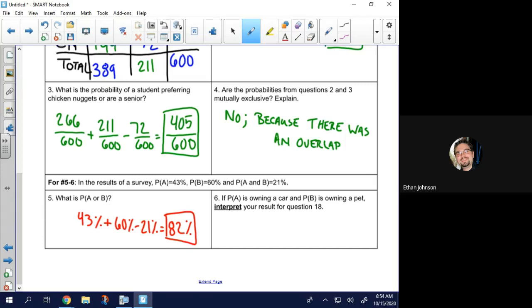Question 6 is saying if probability of A is owning a car and probability of B is owning a pet, interpret your answer for question 5. On the final, the word interpret will not be bolded or underlined, but that is a key in this. Interpret always means use words to describe.